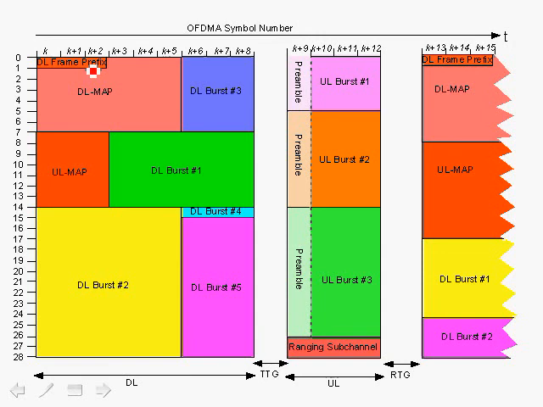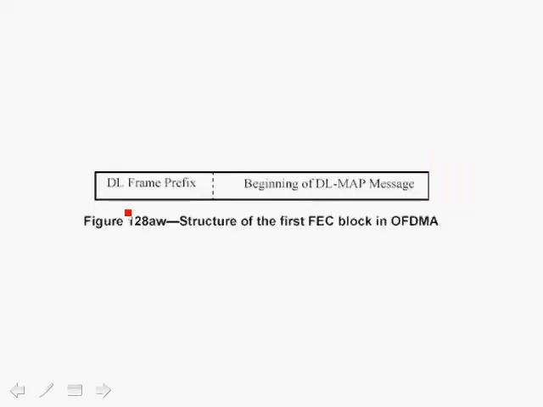After the downlink frame prefix, that is followed by the downlink map. The size of the downlink map can change depending on how many downlink bursts you have. And so too the uplink map, and its size can depend on the number of uplink bursts.